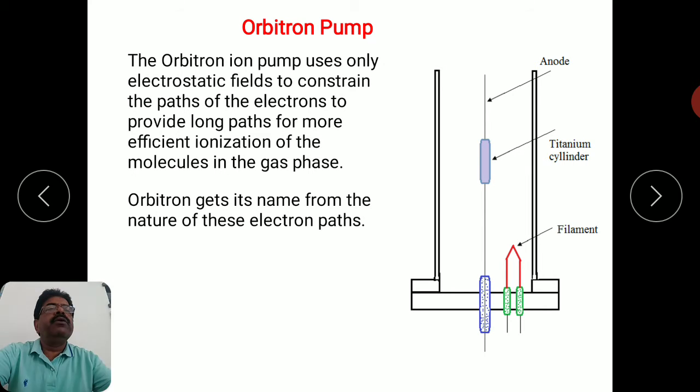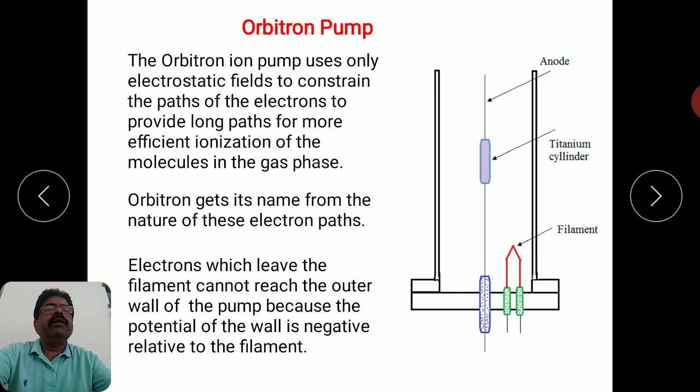The electrons which leave the filament from this place cannot reach the outer wall of the pump, because the potential at this wall is negative relative to the filament. If you consider the outer wall of this container, it is kept at a negative potential relative to the filament.